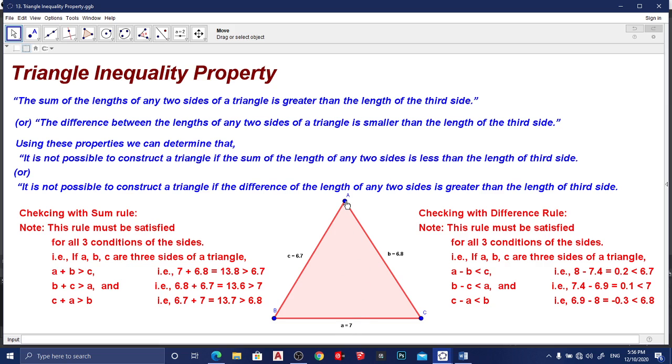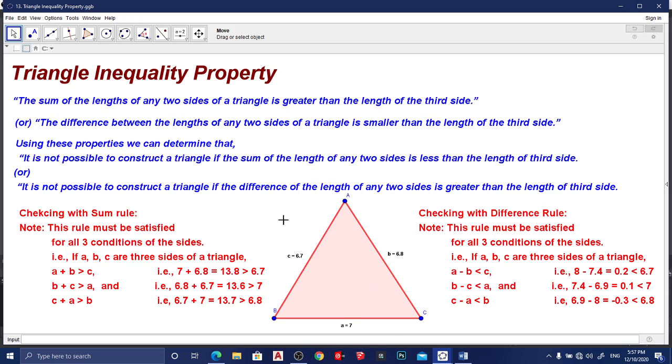This is capital A. The side which is opposite to this vertex is indicated by small letter a, this is vertex B, and the side opposite to it is small letter b, and this is vertex C, and the side opposite to it is small letter c. Here the side a is equal to 7 centimeters, b is 6.8 centimeters, c is 6.7 centimeters. Already it is a triangle.